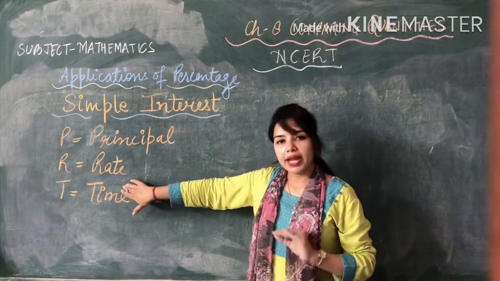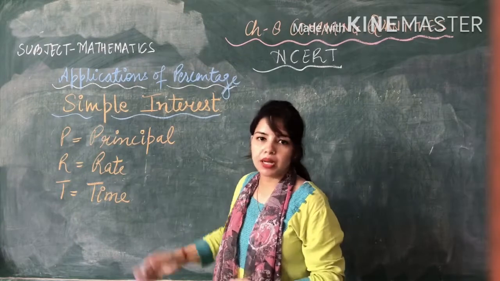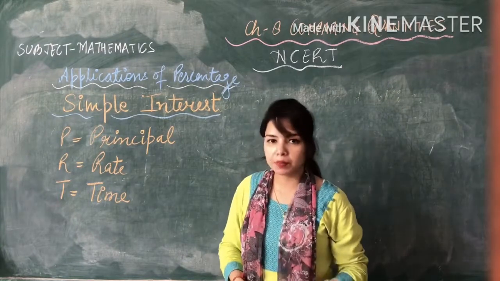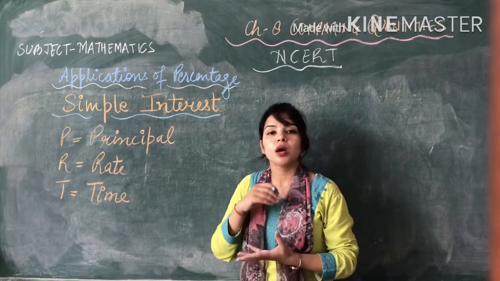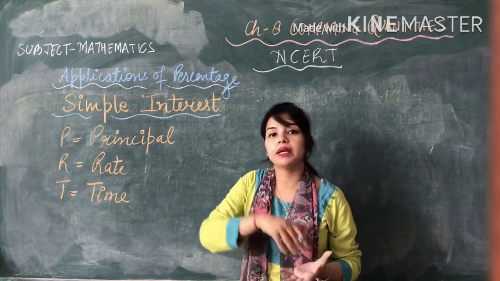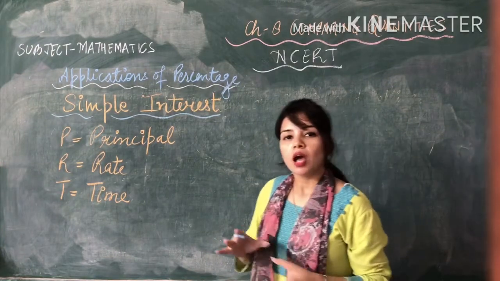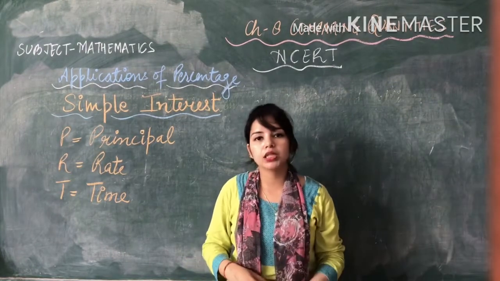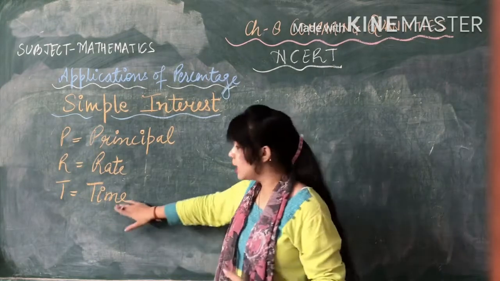The rate of interest is the charge on that principal, like 5% or 10%, that is how much percentage of that sum will be taken as the interest. Then there is the time period after which you are going to return the money: 1 year, 2 years, 6 months.